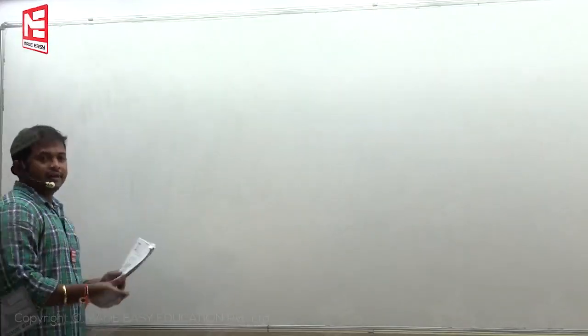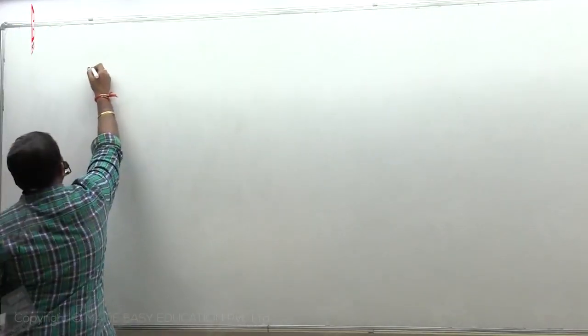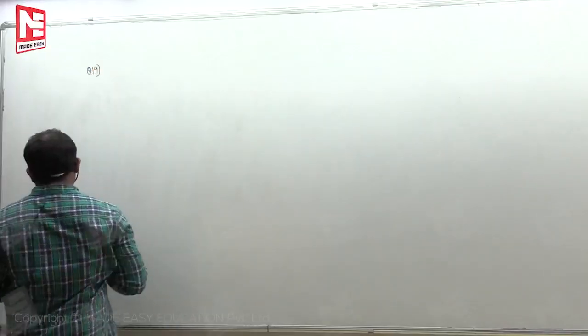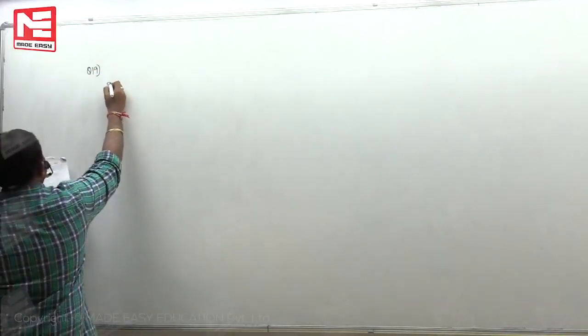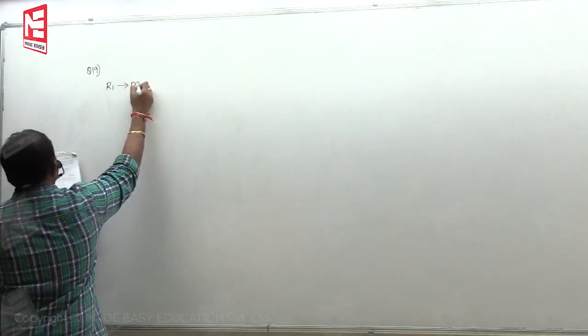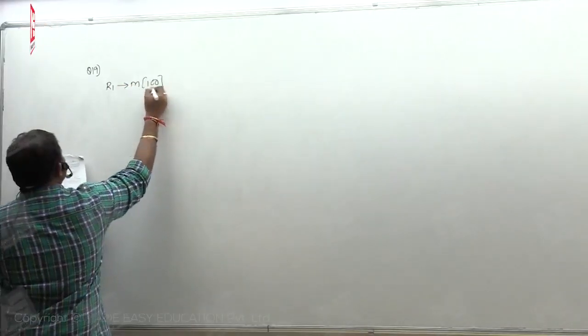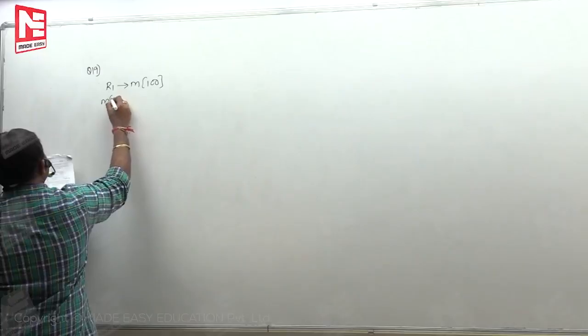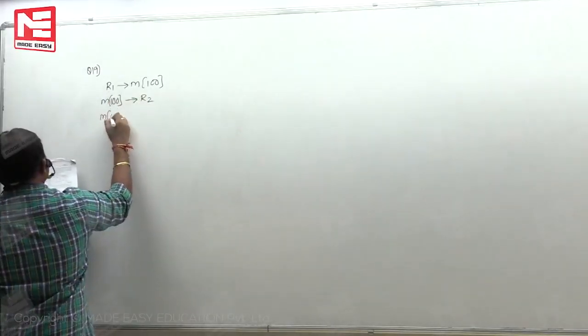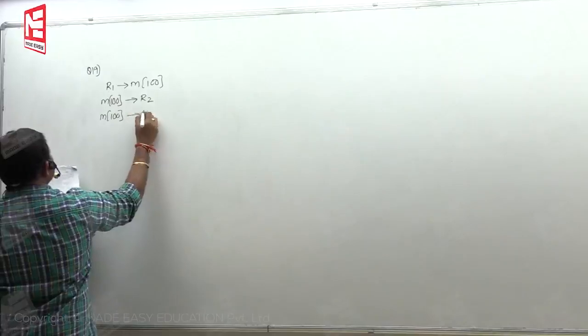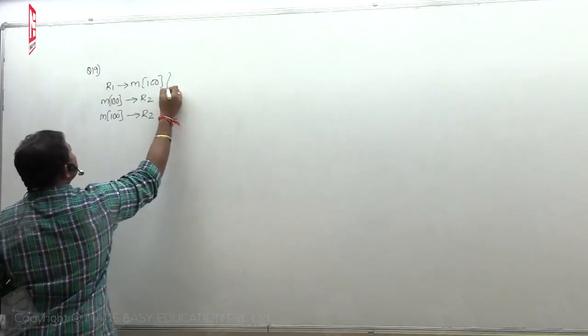See the question number 19. Okay. Here, register R1 data transferred to memory. Then memory data transferred to R2. Then again memory data transferred to R3. What is the necessity of accessing memory 3 times?